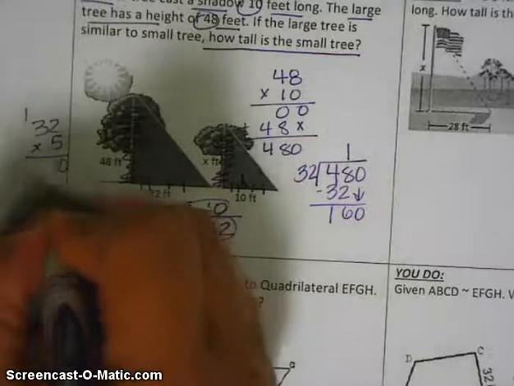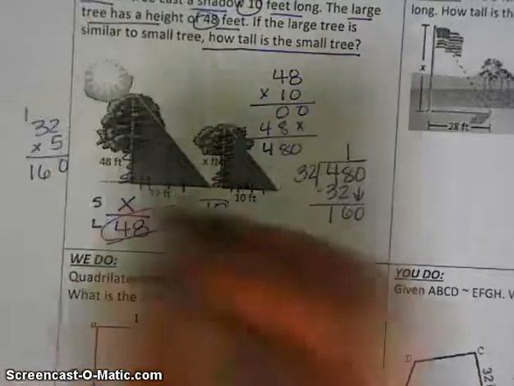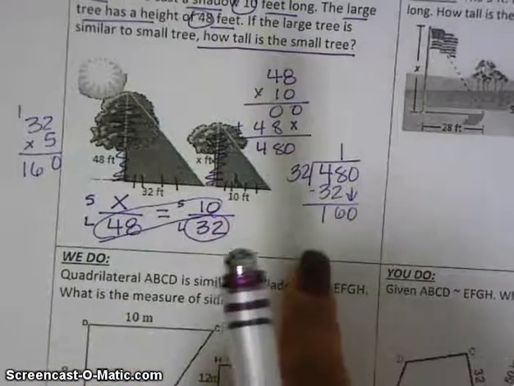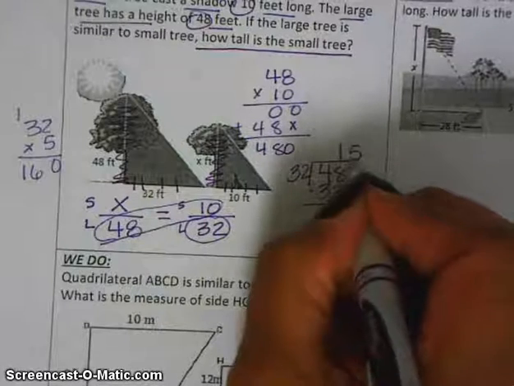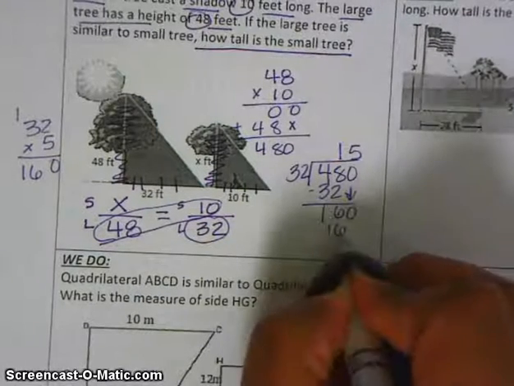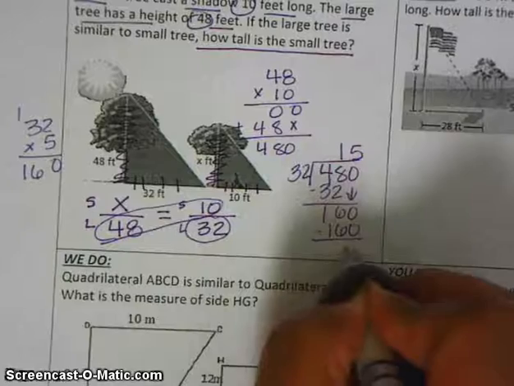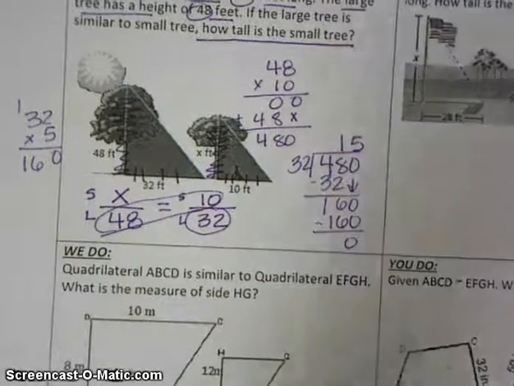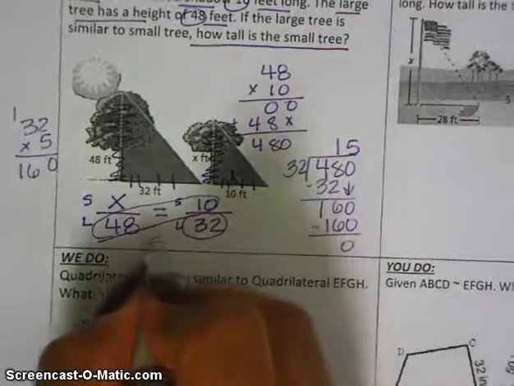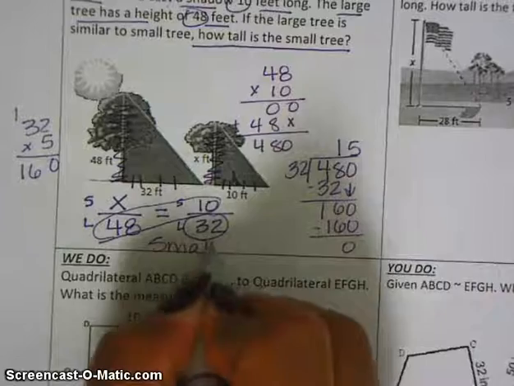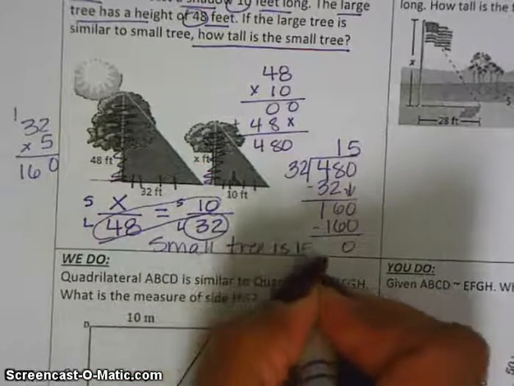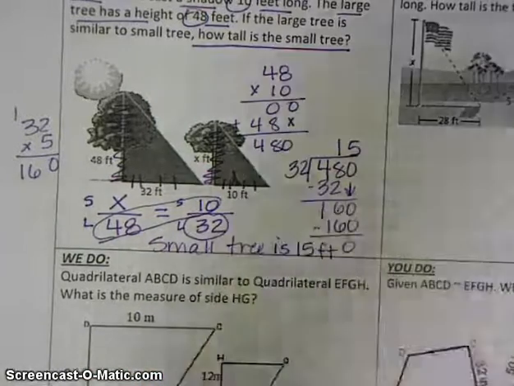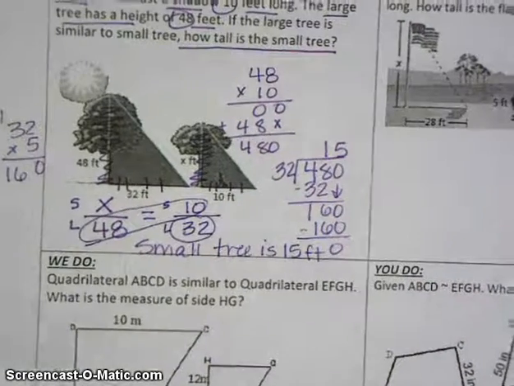Carry my 1. 5 times 3 is 15, plus 1 is 16, and that's going to give me what I need. So 32 goes into 160 5 times, and it divides evenly. It's going to terminate. So the height of the small tree is 15 feet. You have to make sure you know what you are solving for.